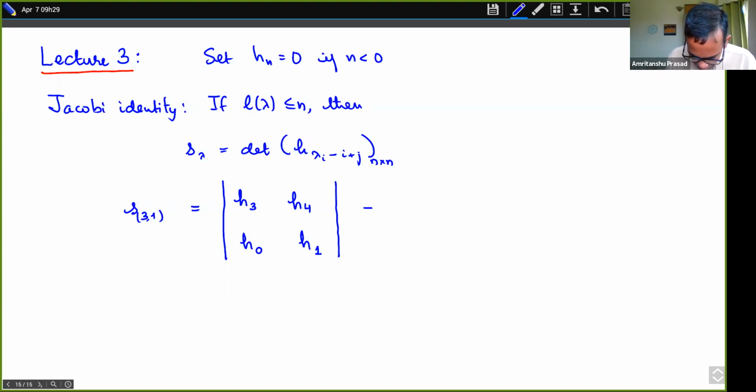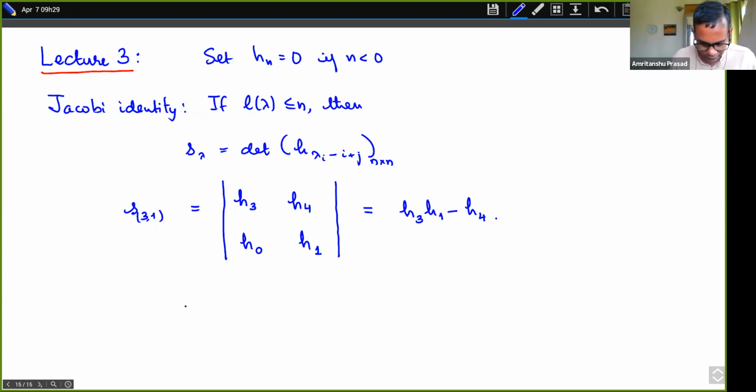So anyway, here what we get is that s_{31} is h_3, h_1 minus h_0, which is just degree 0. It's a constant polynomial equal to 1, and h_4. So that's an expression for s_{31}.